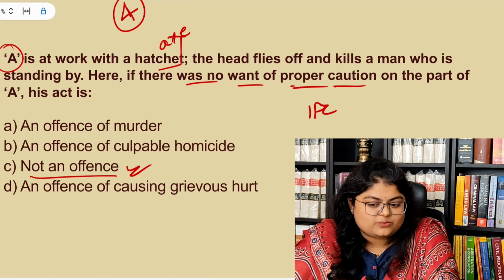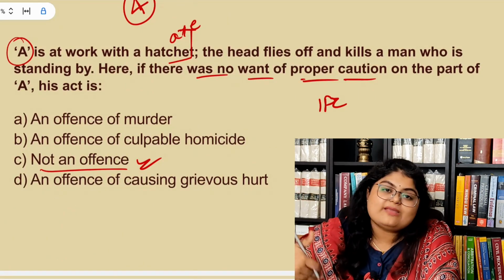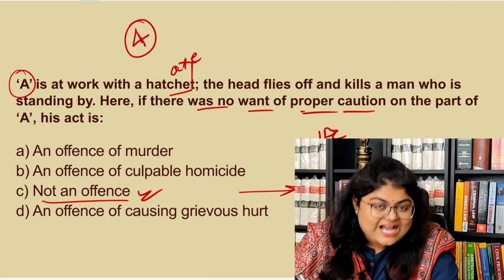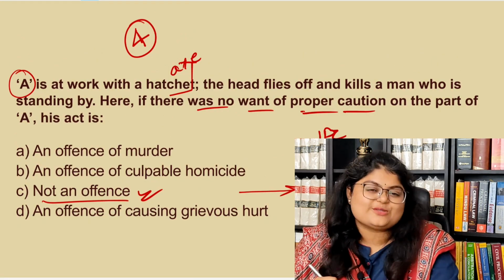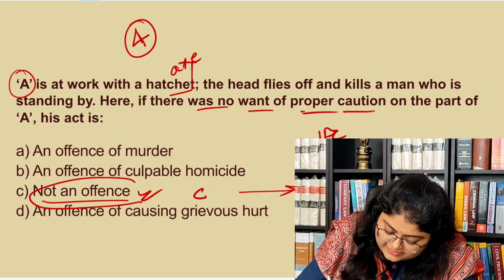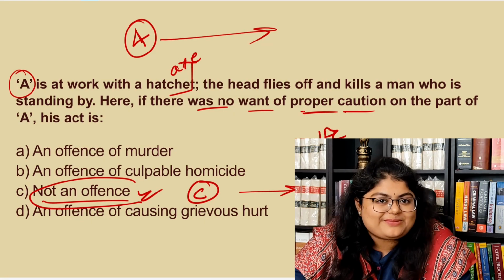Now, the same question which was asked in AIBE 17 and 18 can also be asked this year in AIBE 19. If it is asked under BNS also, the answer will still remain the same: not an offense, option C only. So, what is tip number 4 that you have to remember?